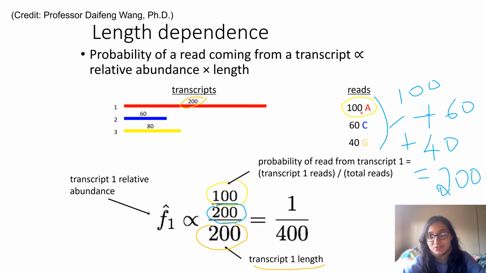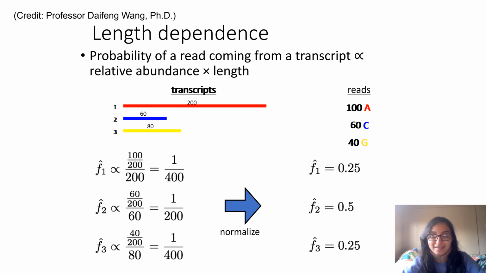That's what this is, 100 reads divided by 200 total reads, and then you divide it by the transcript length for 1. So it's 100 out of the 200 total, then divide this whole thing by 200, which is the transcript length for 1. And that would be equal to 1 out of 400. So that's the relative abundance of transcript 1.